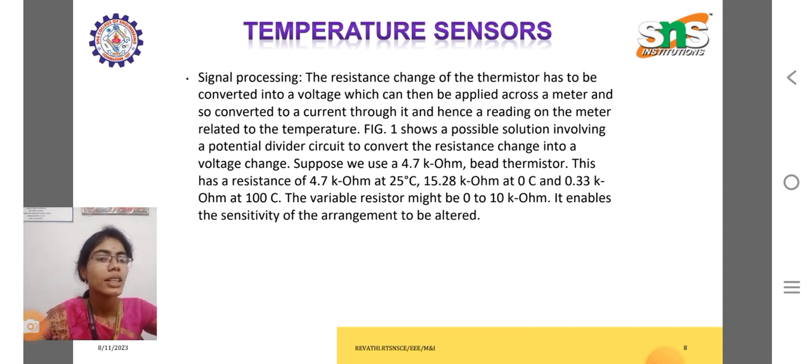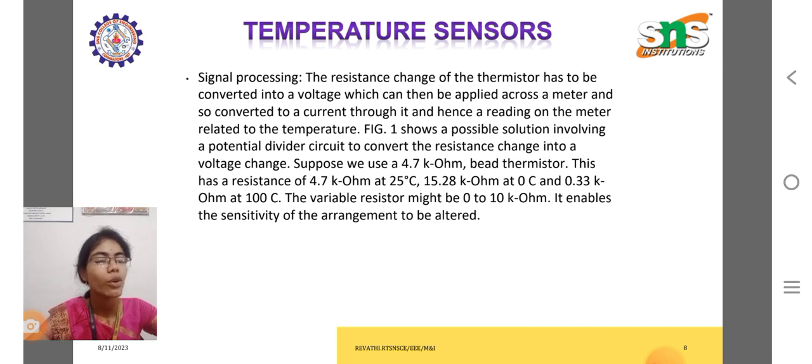Temperature sensor signal processing: the resistance change of the thermistor has to be converted into a voltage, which can be applied across a meter and so converted to a current through it, and hence a reading on the meter related to the temperature. A possible solution involves a potential divider circuit to convert the resistance change into a voltage change.